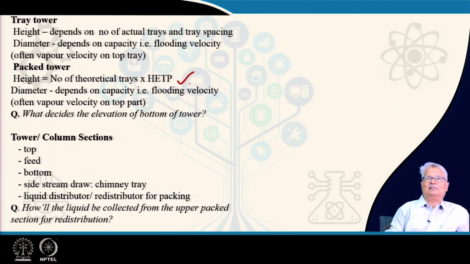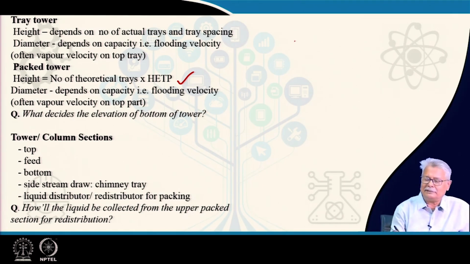Now, I have got a question. You have decided on the tower diameter, you have decided on the tower height. What decides the elevation of the bottom of the tower? The towers are cylindrical circular vessels. Most of the cases they are tall towers.